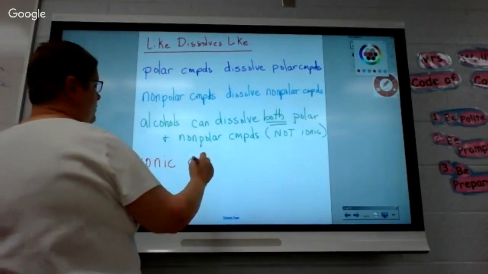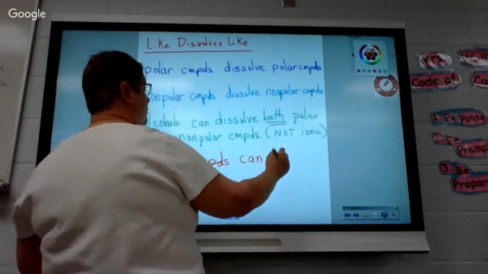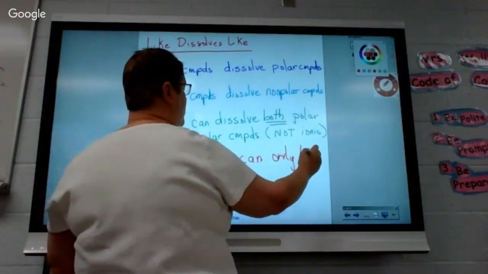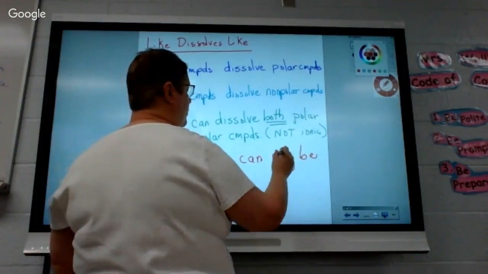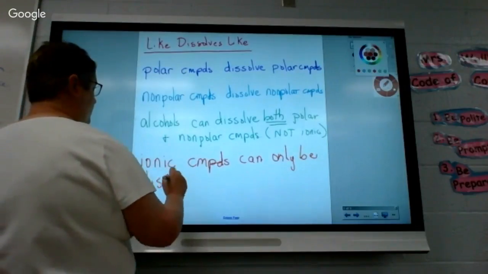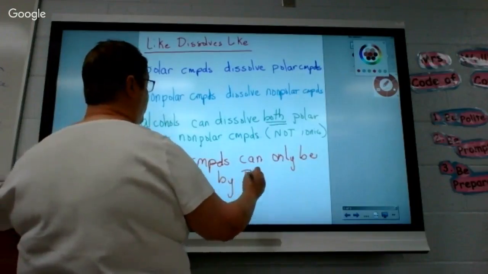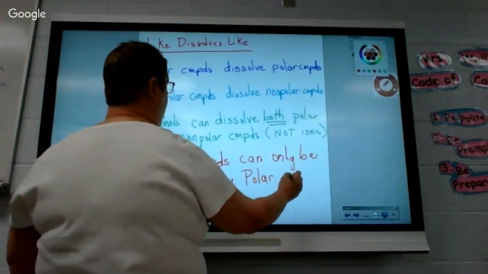Ionic compounds can only be dissolved by polar compounds.